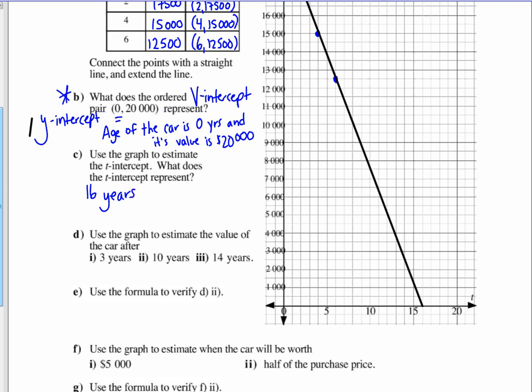And what would it represent in the context of this question? What's zero? Dollars. So after 16 years, the value would be $0. So this was 16, 0.